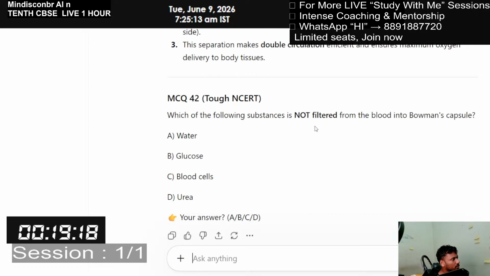Which of the following substances is not filtered from the blood into Bowman's capsule?